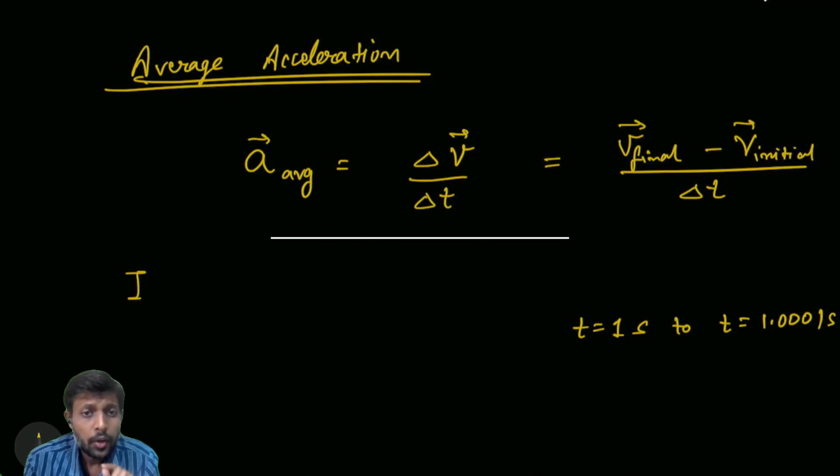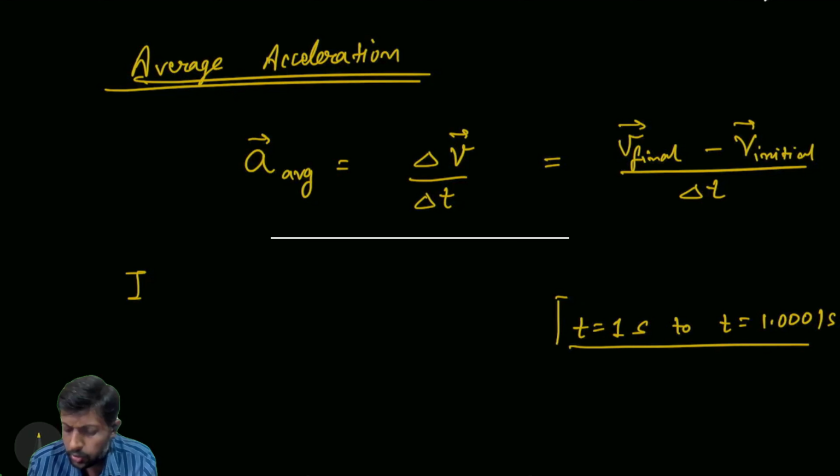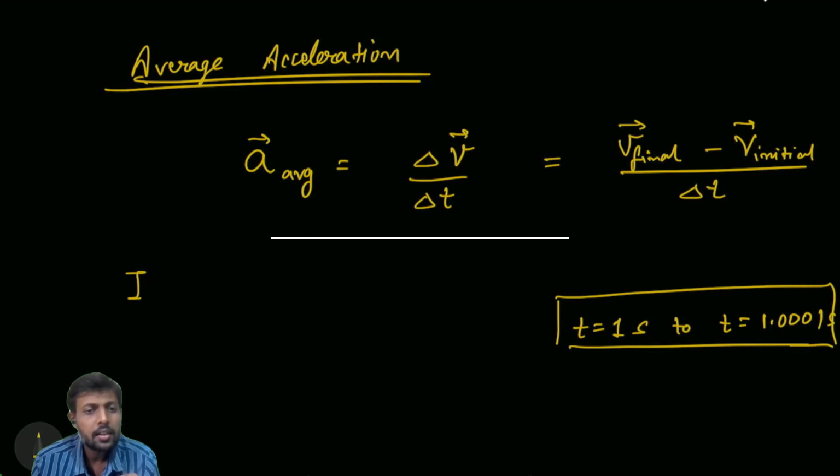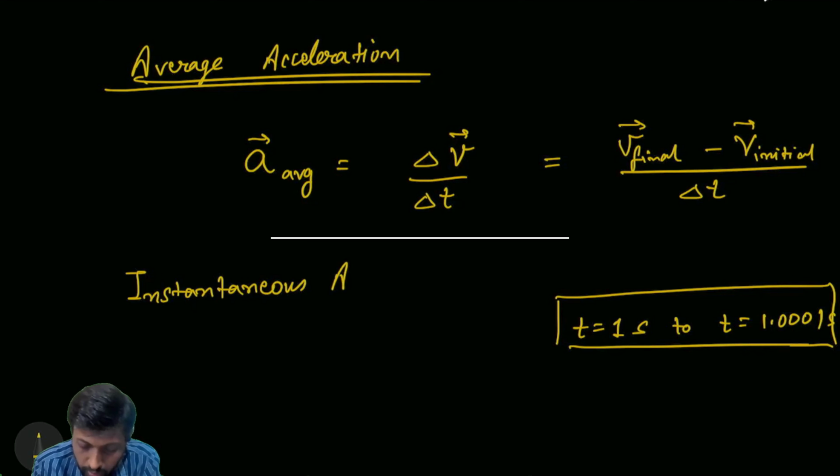If I have to find out the acceleration in such a small time interval, I call that an instantaneous acceleration, because it's almost as if saying what is the acceleration at time t equal to 1 second. Okay, if the time interval is so small. And that's where the concept of instantaneous acceleration comes into picture.